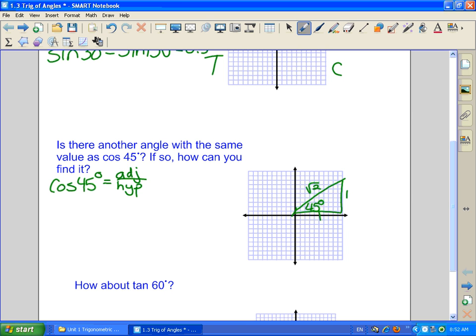In this case, that is 1 over root 2. Using our CAST rule, noticing that it's a positive answer, where else is cosine positive? In fact, it's positive as well in the fourth quadrant.